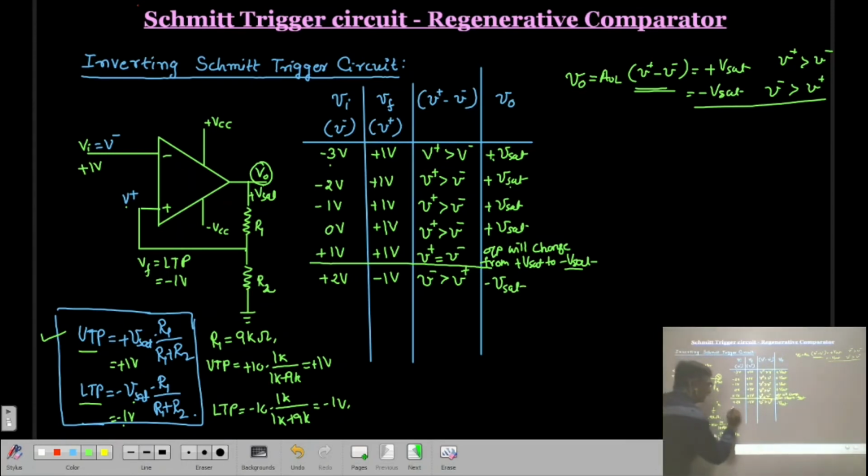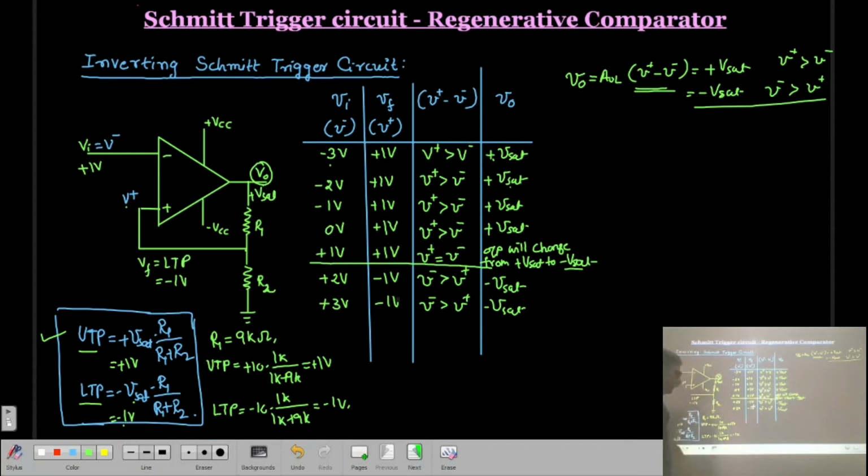Again you go on increasing, you apply a plus 3 volt, here again this relation holds, and you will have minus V saturation, this will be a negative feedback voltage. Now you apply plus 3, plus 4, plus 5, the output of the circuit will remain in negative saturation.